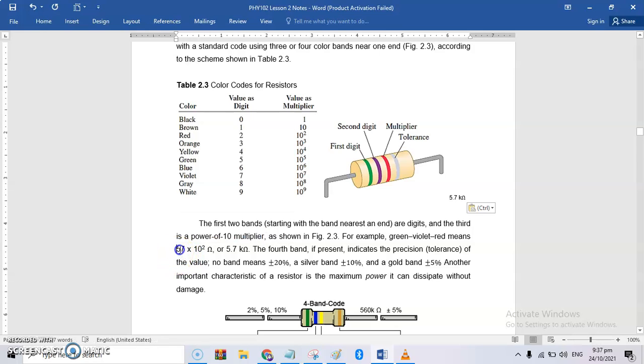First digit is 5, second digit is 7, multiplier is 10 to the power of 2 ohm or 5.7 kilo ohm. Okay? Bakit siya ganyan? Kasi 5, 7, that is 10 to the 2 is 1, 2. Gets nyo? So, kapag gagawin natin kilo, it will become 5.7 kilo ohm.